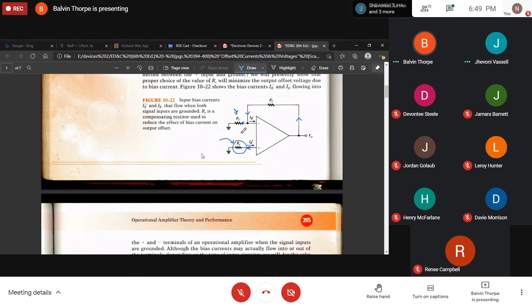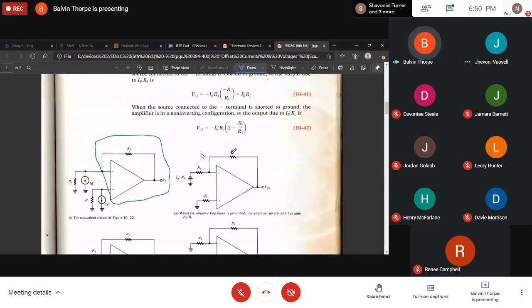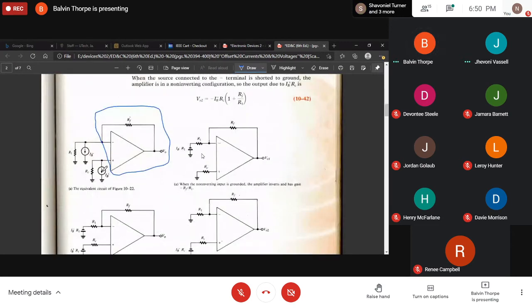So in other words, we can create voltage sources right here, because this is going to be IB minus times R1 and IB plus times RC. So we can create two voltage sources, which is what is done here. Notice the currents now: we have R1 and IB minus, RC and IB plus.